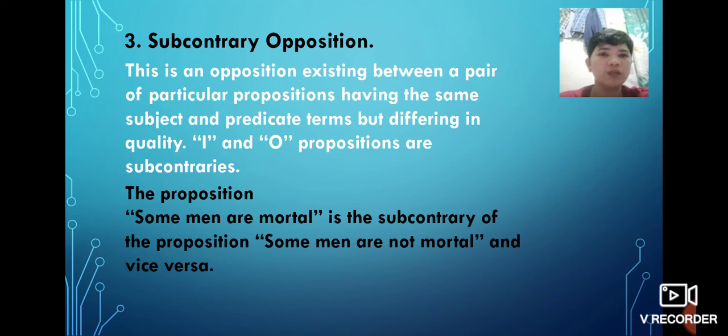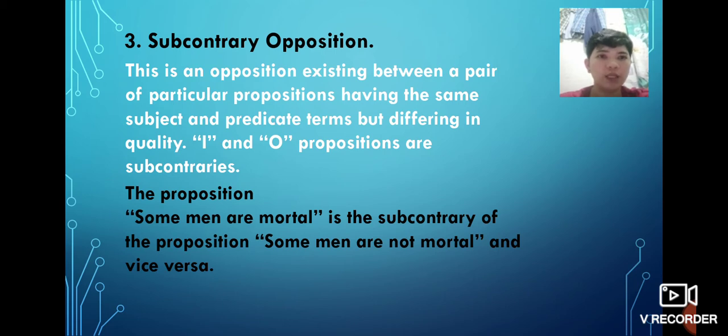This is because I is affirmative and O is negative. So we have also the proposition. Example, some men are mortal is the subcontrary of the proposition some men are not mortal and vice versa.